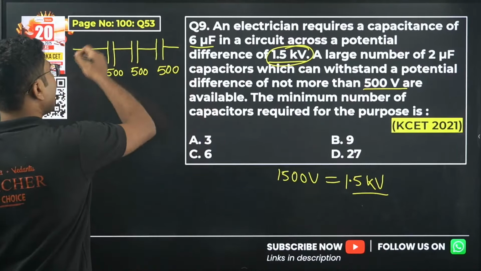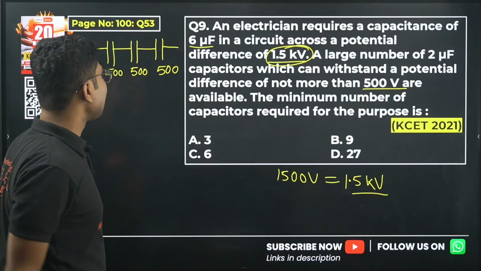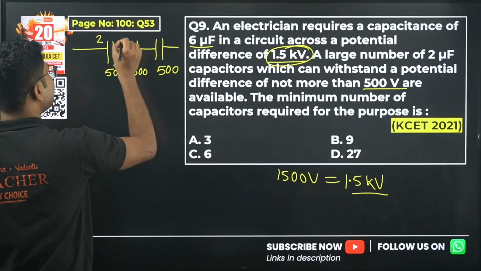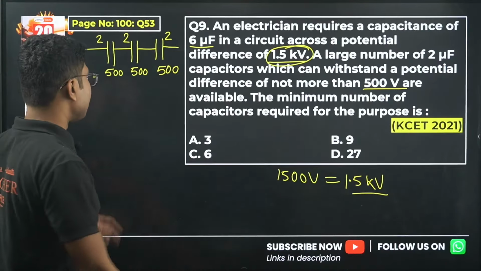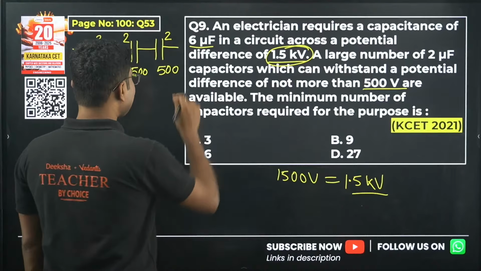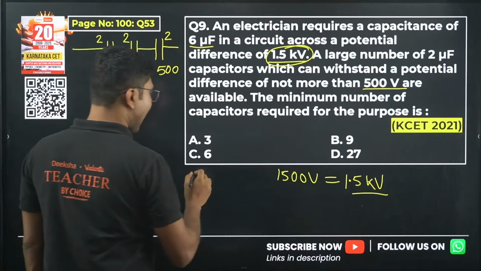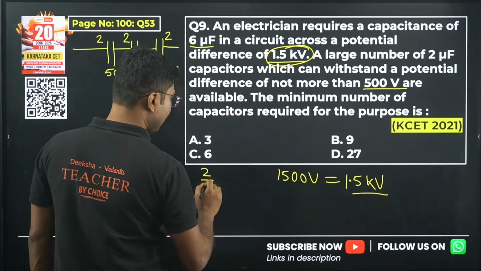Now what is the equivalent capacitance of these capacitors? Each of them is 2 microfarad and they are connected in series. So the equivalent capacitance of one such line is 2 by 3.